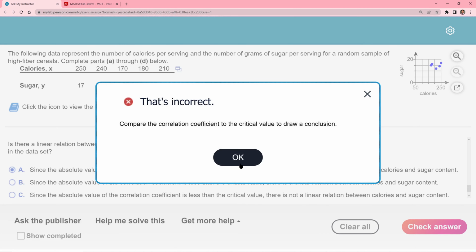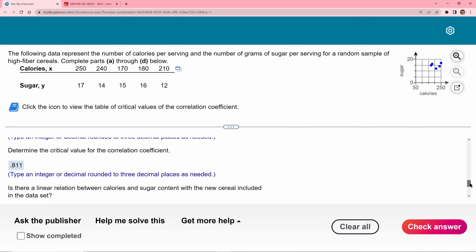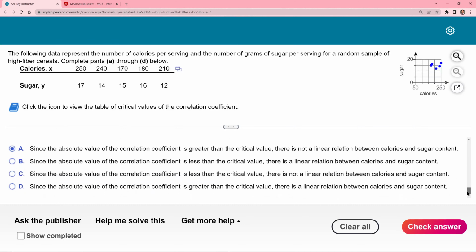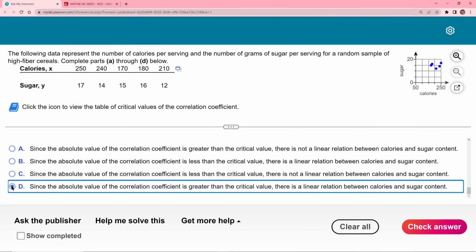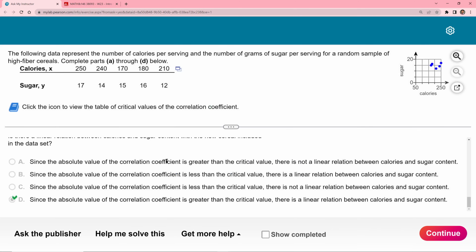All right, since the absolute value of the correlation coefficient is greater than the critical value there, all right, hold on. Okay, yeah, this is the one. There's one more choice, yeah. And that's going to do it for that question.